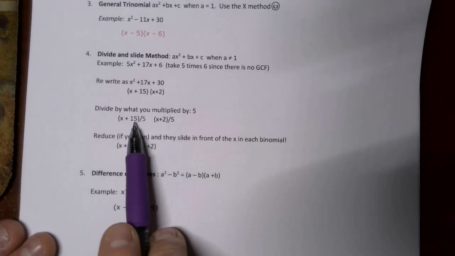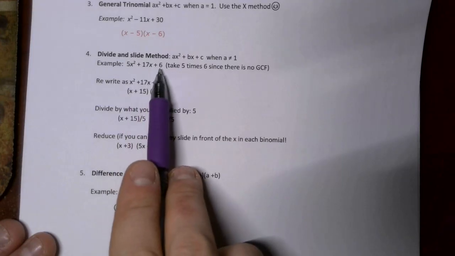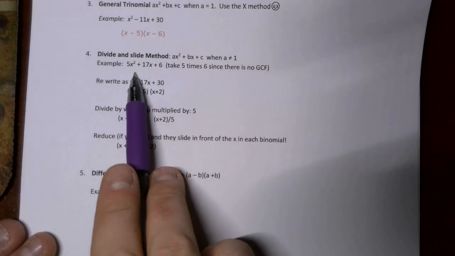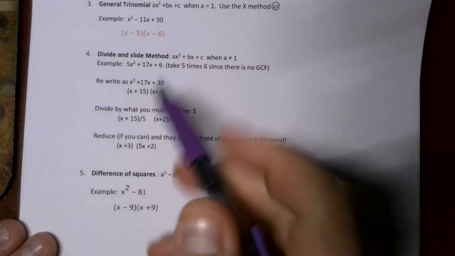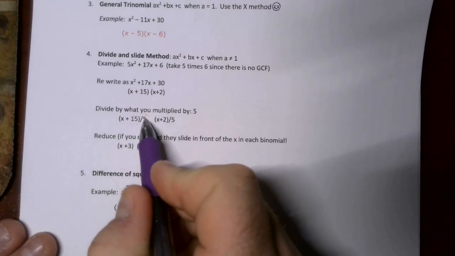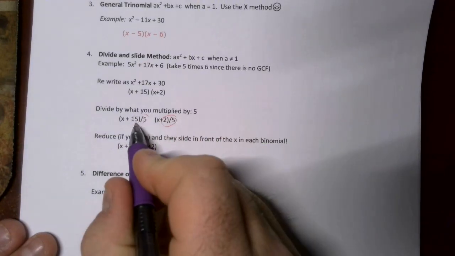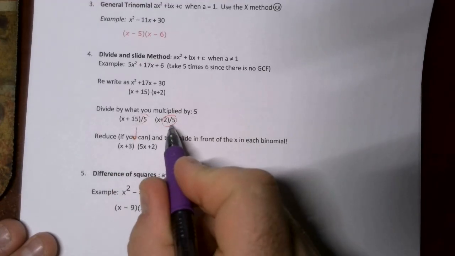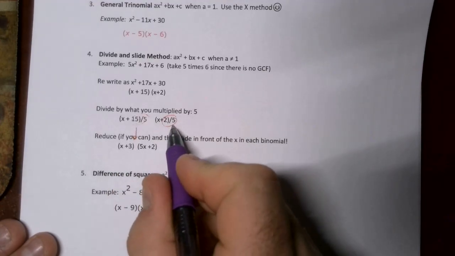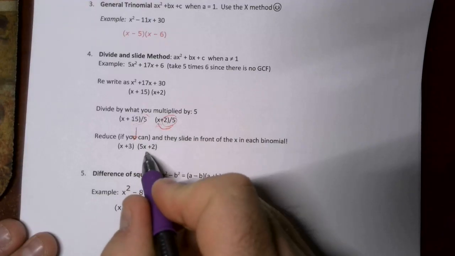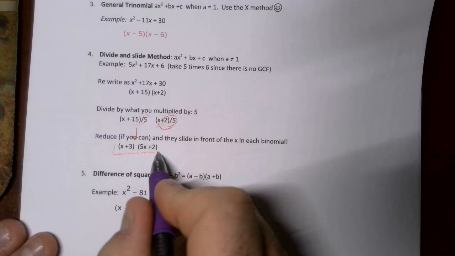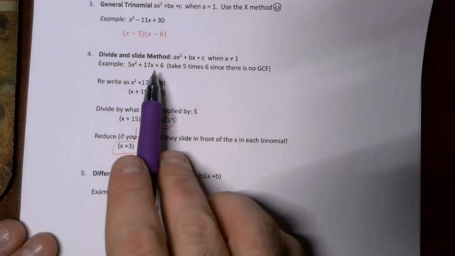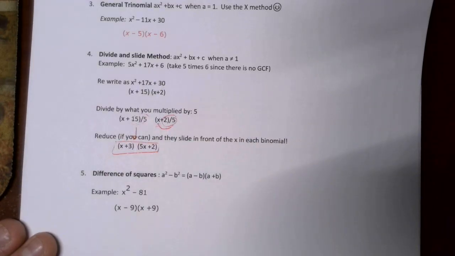And remember to divide the last terms by what you multiplied by in the beginning. So because I multiplied by 5, I divide by 5 at the end. 15 divides 5 evenly, so that's how you get x plus 3. 5 doesn't divide 2 evenly, so the 5 slides in front of the x. That's your factor.